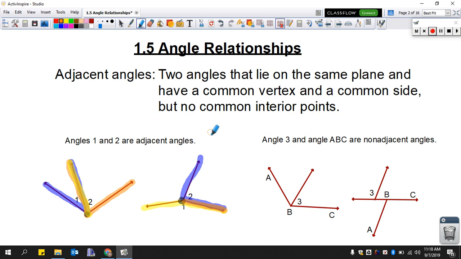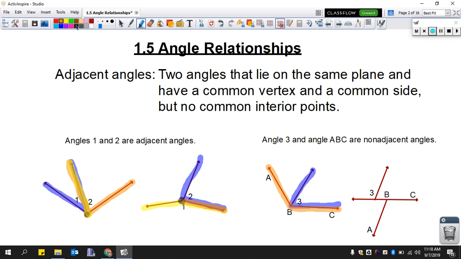On the right hand side, these two over here are non-adjacent angles, and I wanted to give you an example of what those look like. Okay, it says angle 3, that's this angle right here. Angle 3 and angle ABC are non-adjacent.